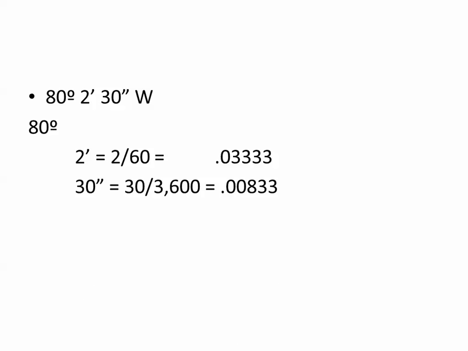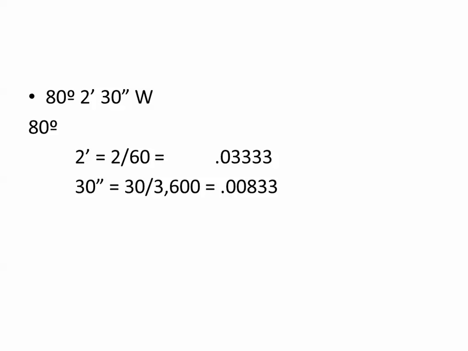Now we have our seconds. We have 30 seconds. Well, 30 seconds is 30/3,600ths of a degree, because remember, there are 60 seconds in each minute, and there are 60 minutes in each degree. So 60 times 60 gets us our 3,600. So 30 divided by 3,600, and we get 0.00833.